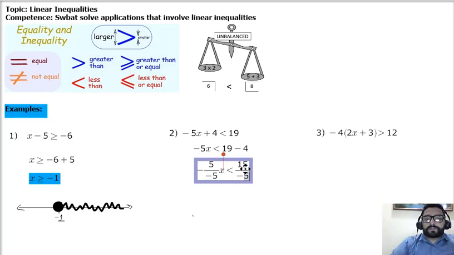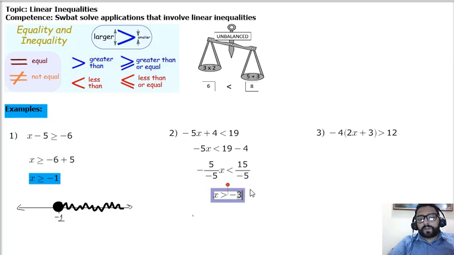But pay attention to this instruction. If you divide both sides by a negative number, you need to change the direction of the inequality. So negative 5 over negative 5 is going to be only x. This is less than, we are going to convert into greater than. And 15 divided by negative 5 is going to be negative 3, and this is going to be the solution for this inequality.